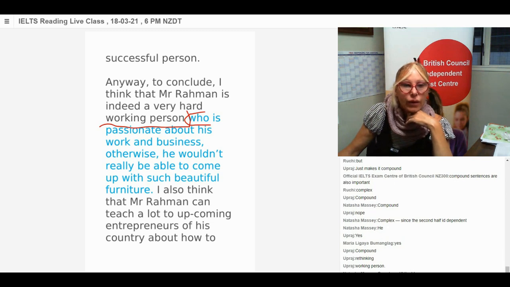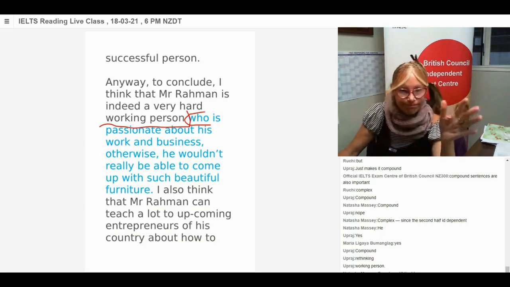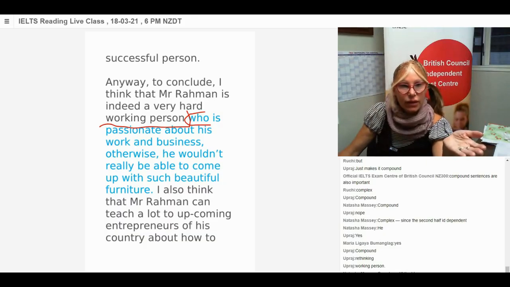Okay, so what's the difference between a complex and a compound sentence?